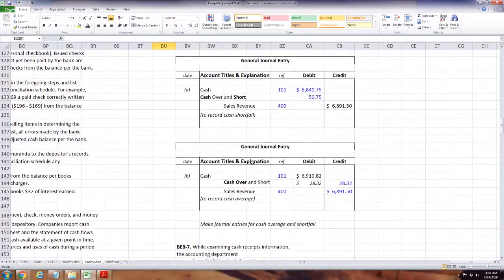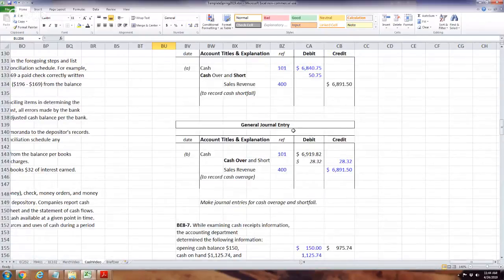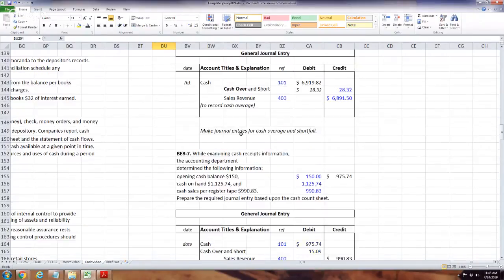The short is like this. And again, let's make sure that we label here as we go.